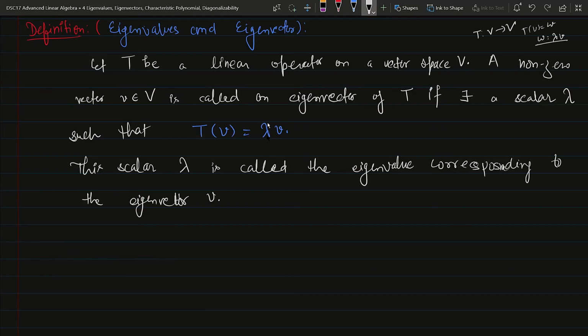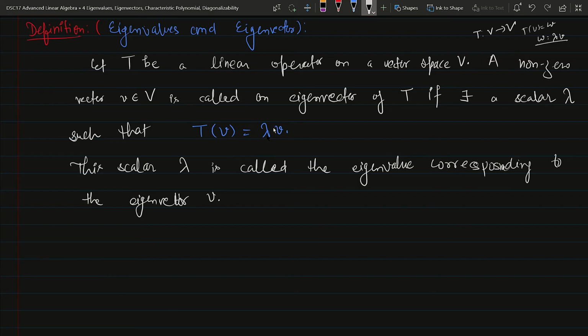If there exists some lambda for which T of v and lambda v are collinear, then v is said to be an eigenvector, and lambda is the corresponding eigenvalue of the vector v.